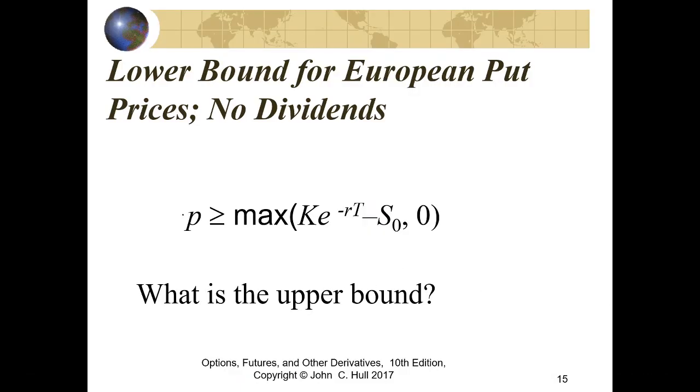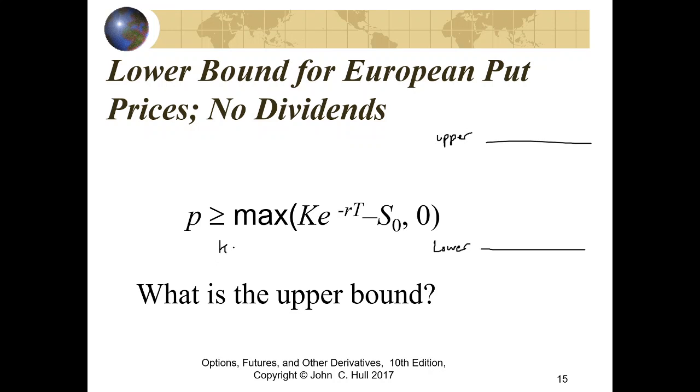So it turns out that, as in the call option case, a put option also has an upper bound and a lower bound. What is the upper bound and what is the lower bound? The lower bound first, we calculate the values.